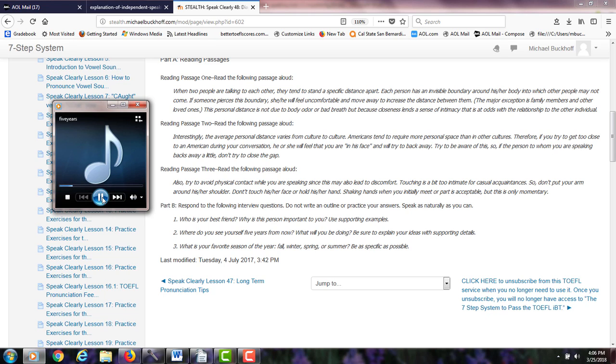I see myself teaching computer science and doing research at the same time at a reputed university. Well-respected university is probably a better word there.